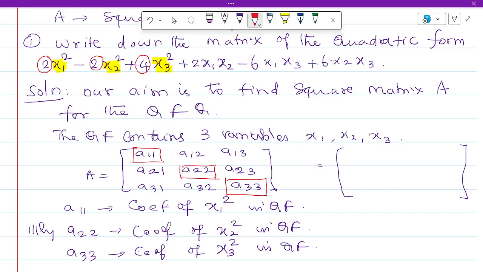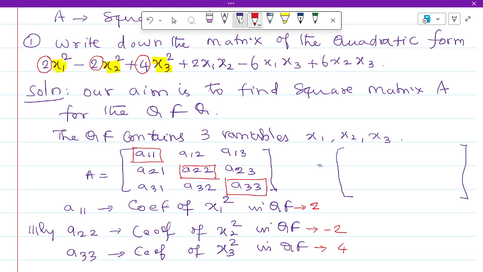So the coefficient of x1 square in quadratic form is 2. A22: the coefficient of x2 square in quadratic form is minus 2. A33: the coefficient of x3 square in quadratic form is 4.